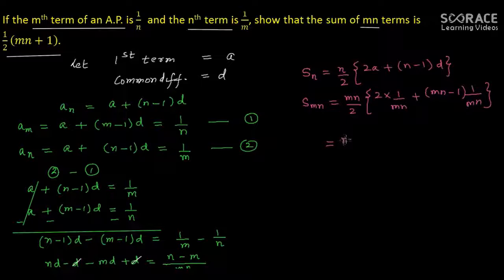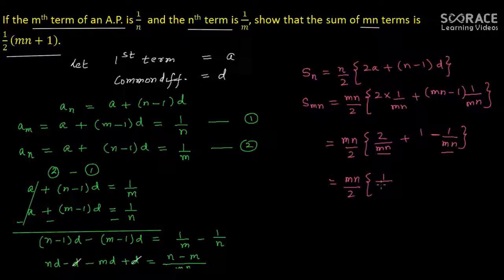Now we need to simplify this. So we get mn on 2 times, 2 on mn, plus, now open the parenthesis, we get mn times 1 on mn is 1, minus 1 times 1 on mn is 1 on mn. Now these two terms are like terms. So on solving them, we get mn on 2 times 1 on mn plus 1.